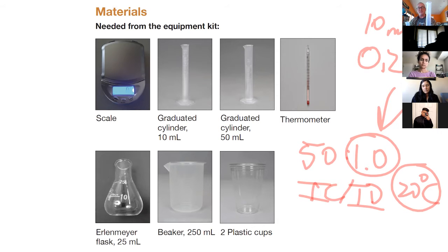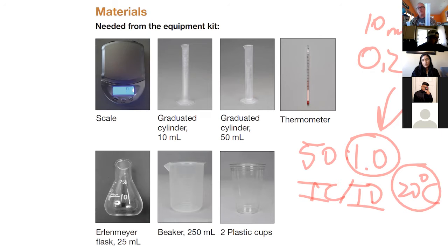But because this is 5 times smaller, each tick is also 5 times smaller than on the big one, 0.2 mils rather than 1. So we're also going to need a thermometer. That's going to be really important for determining the density of the water we're going to be using. And then we're going to be using an Erlenmeyer flask. That's the one everyone was looking for earlier.